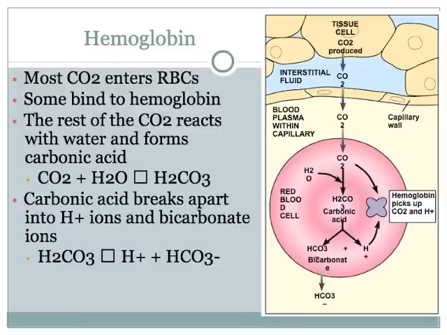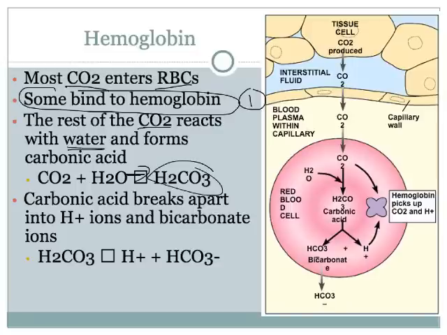So if we look at the way hemoglobin works, hemoglobin can actually carry carbon dioxide and water. So if we talk about carbon dioxide transport, carbon dioxide will enter red blood cells. Some carbon dioxide will bind to hemoglobin. That's kind of one way hemoglobin can carry CO2. However, some of the CO2 reacts with water in the red blood cell and forms carbonic acid, and it will be transported as carbonic acid.